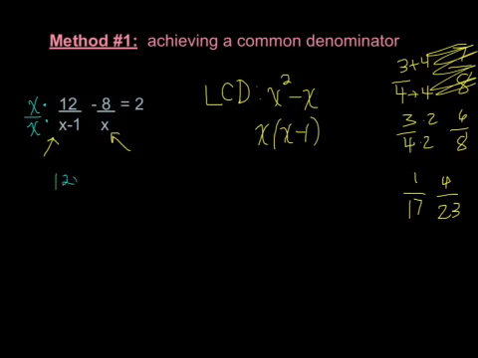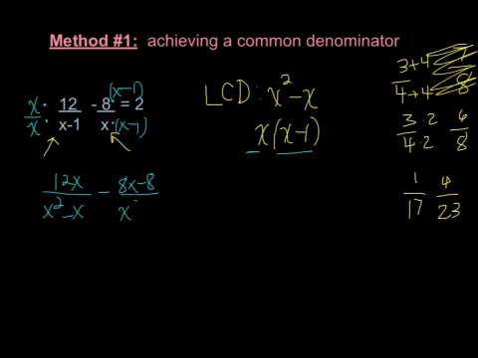Now it will be 12x over the common denominator. And likewise, this 8 needs to be multiplied to get this common denominator. I need x multiplied by x minus 1. And that will also be done to my numerator, leaving me with 8x minus 8 over the common denominator.